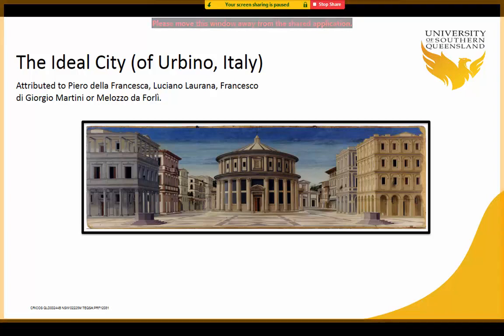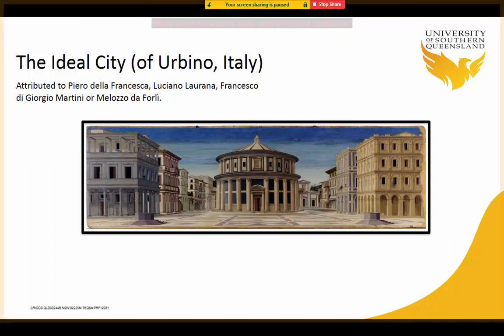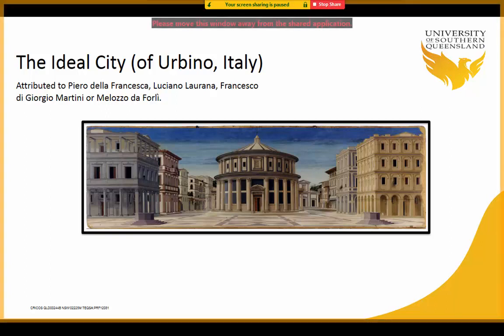There are different stories, different versions as to who actually created it, but I just want to put this out there and see what you think about this painting, basically. Is there anything missing here? Or how do you see it?